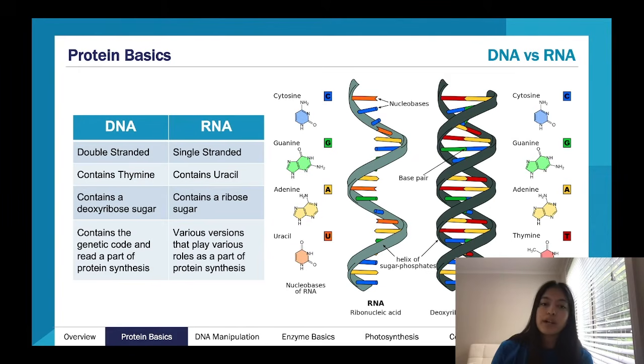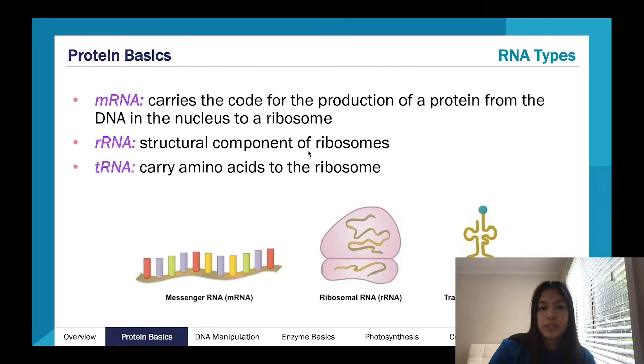In bio, diagrams are super helpful for memorization, especially because a lot of the content is to do with processes. Your flow charts, your diagrams, even mind maps for concept relation, can be helpful as well. So we're thinking double-stranded versus single-stranded, thymine and uracil, and the sugar, obviously. And their roles are obviously different as well, which we'll get into.